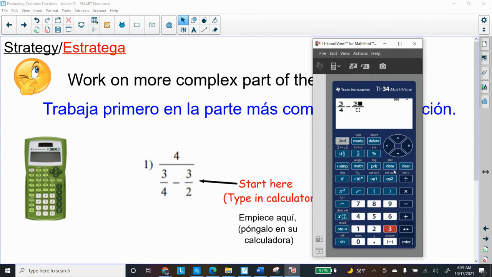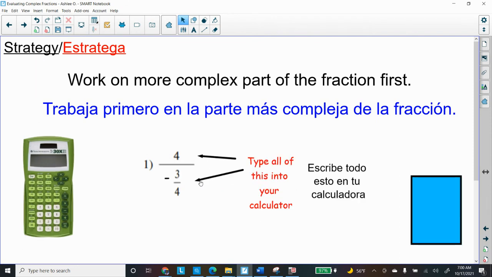So 3, go down, 2, move over. So there is the exact thing I have on the denominator. So this way I can see what the denominator really simplifies to. So the denominator is negative 3/4. So that's our denominator, negative 3/4.